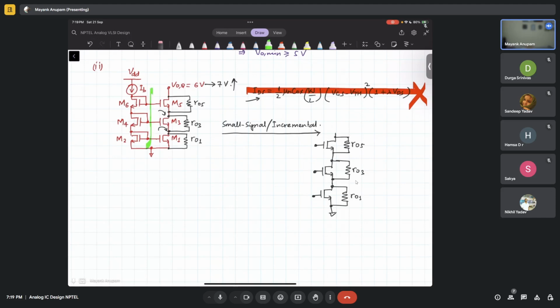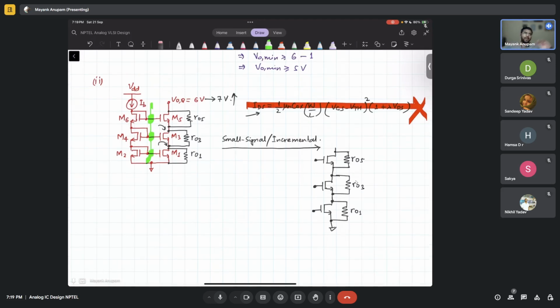They are fixed. They remain fixed, right? If you apply any change in the circuit at this place, because this is your place of interest, you will be applying some incremental voltage here.